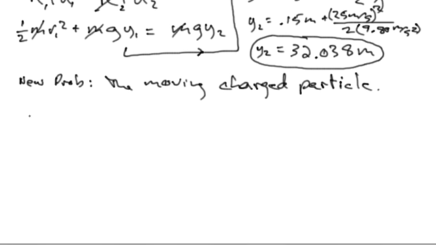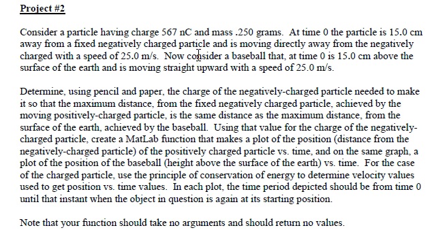So we got a fixed charged particle, minus, looks like it's held down by something here, and then a positively charged particle. Alright, this one has charge QF, I'll call it. This charge Q is equal to 567 nanocoulombs.